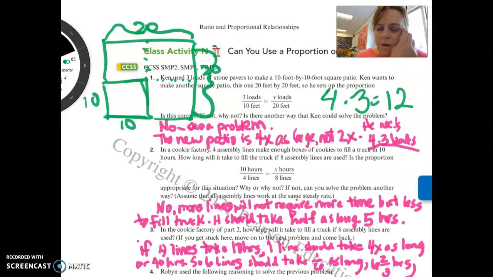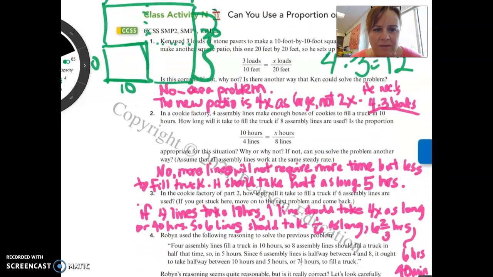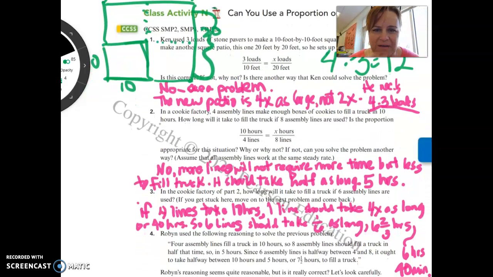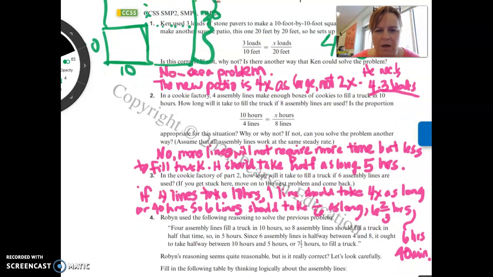All right, in a cookie factory, 4 assembly lines make enough boxes of cookies to fill a truck in 10 hours. So how long will it take to fill the truck if 8 assembly lines are used? And is a proportion appropriate for this situation? Why or why not? Okay, so we're going to assume that all assembly lines work at the same steady rate.